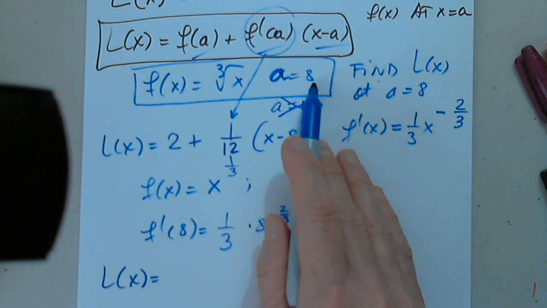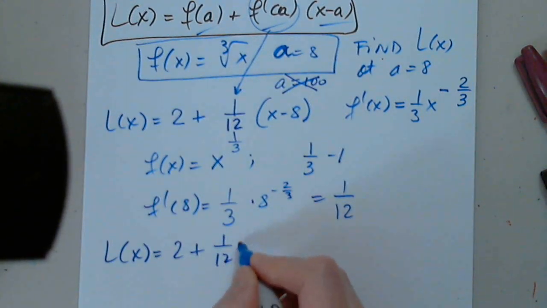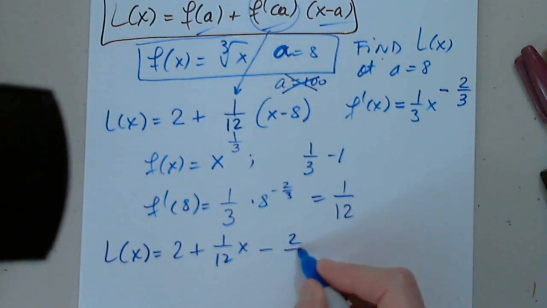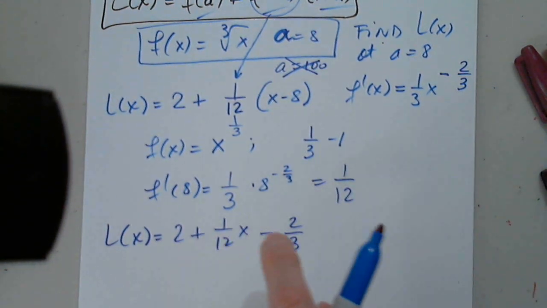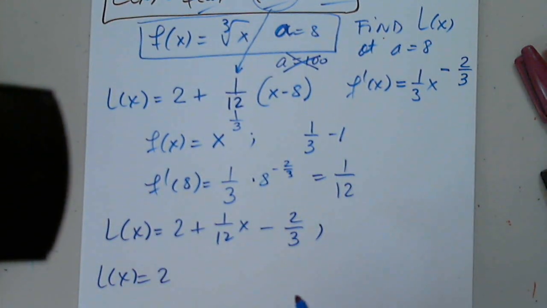But near 8, I will have 2 plus 1 over 12 times x minus 8, and I simplify by 4, 2 minus 2/3. I'm sorry, I meant to write 1 over 12 x. So 6 minus 2, so plus 4/3.